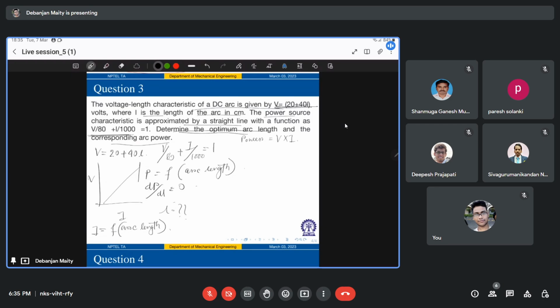You just equate these two voltages. So your 20 plus 40L, which is your voltage characteristics, will be equal to 80 into 1 minus I by 1000. This is also your voltage for the same power source, right or wrong?